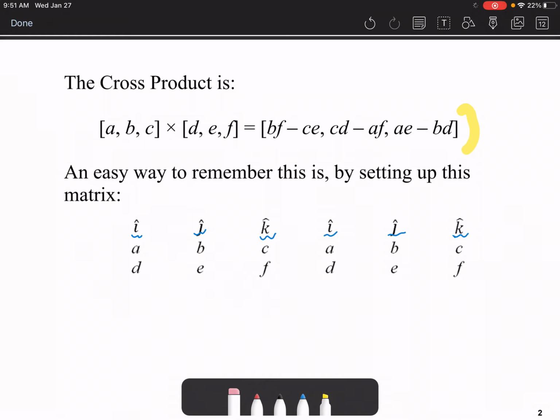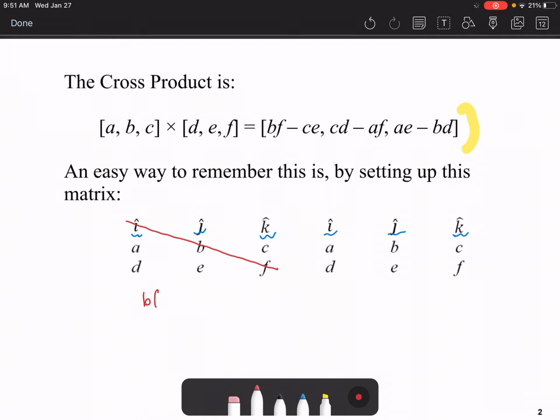Let me redraw that. So then you start out by writing B times F, and then you start on the other I and you go diagonally across the other direction and subtract CE. That'll be your first component.